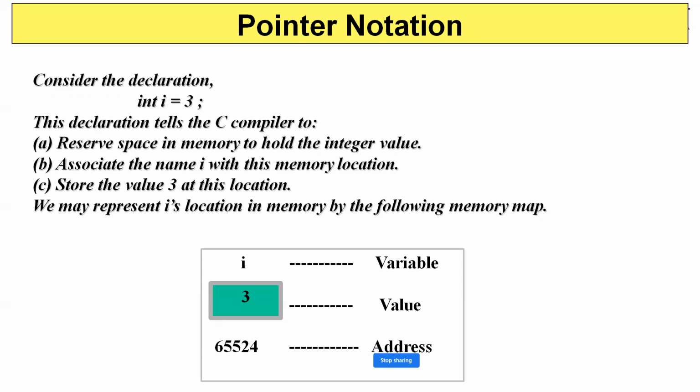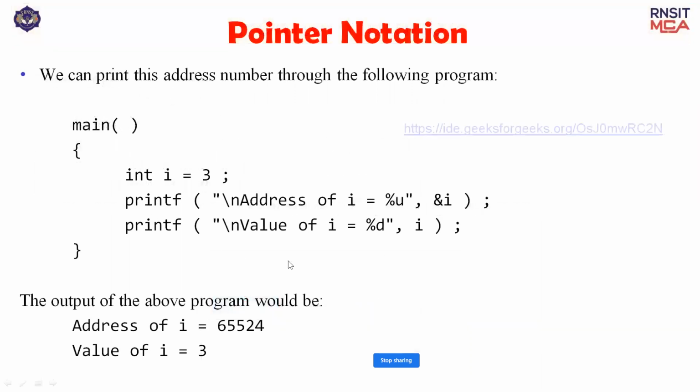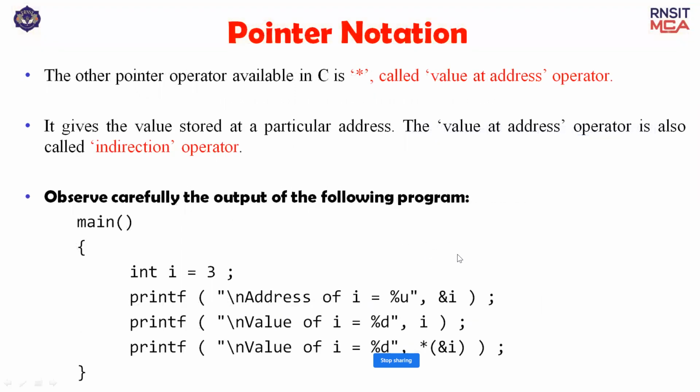This address can be stored in a special variable. We call it a pointer. If you want to know your address, you can directly type the address of i, and the value, just i.